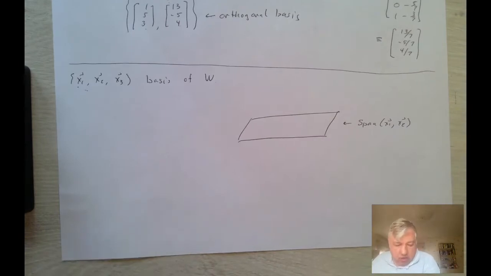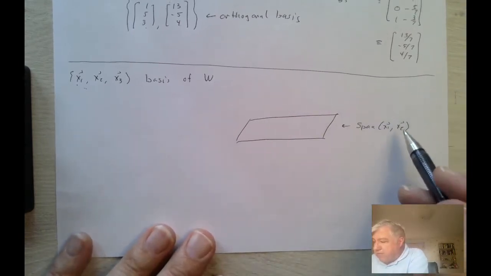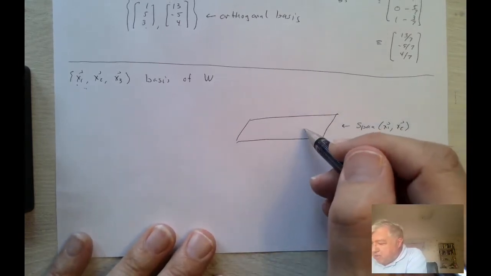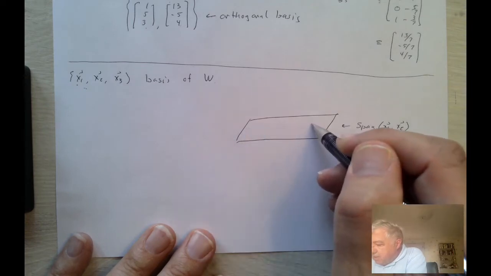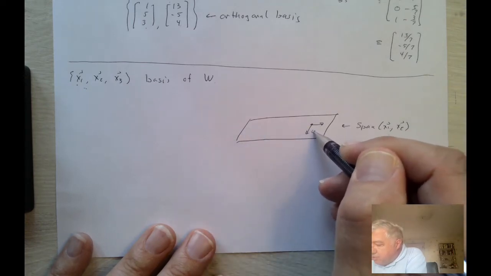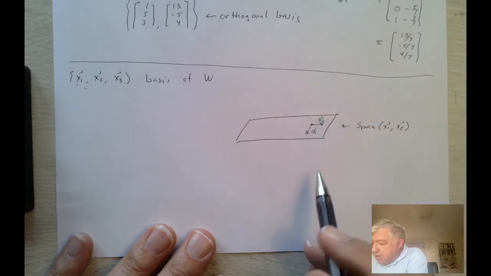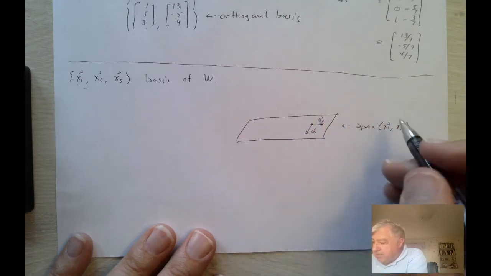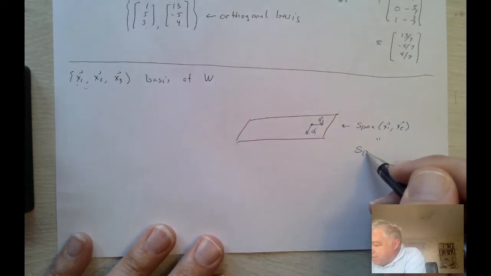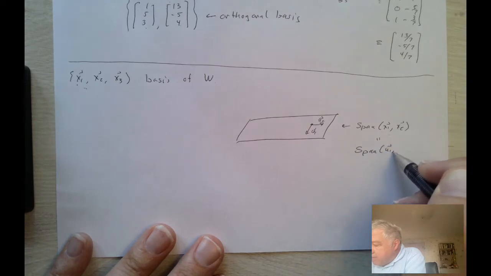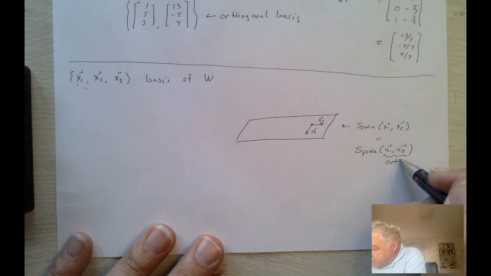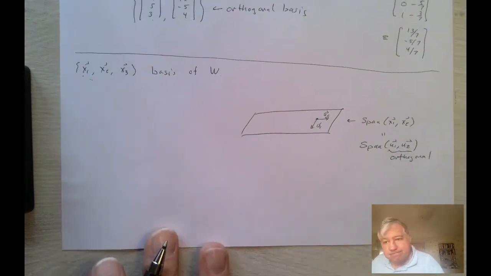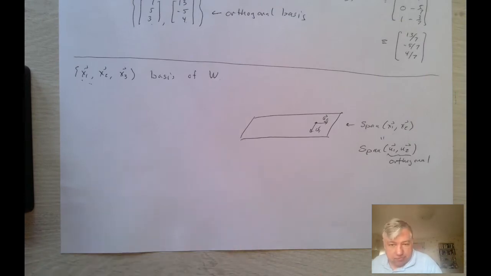From what we just did, we can replace x1 and x2 with an orthogonal basis. So there's going to be some vectors u1 and u2 that will act as an orthogonal basis of this. So this is going to be equal to the span of u1, u2, where these are orthogonal, based on what we just did in the previous example. And then we can take x3.